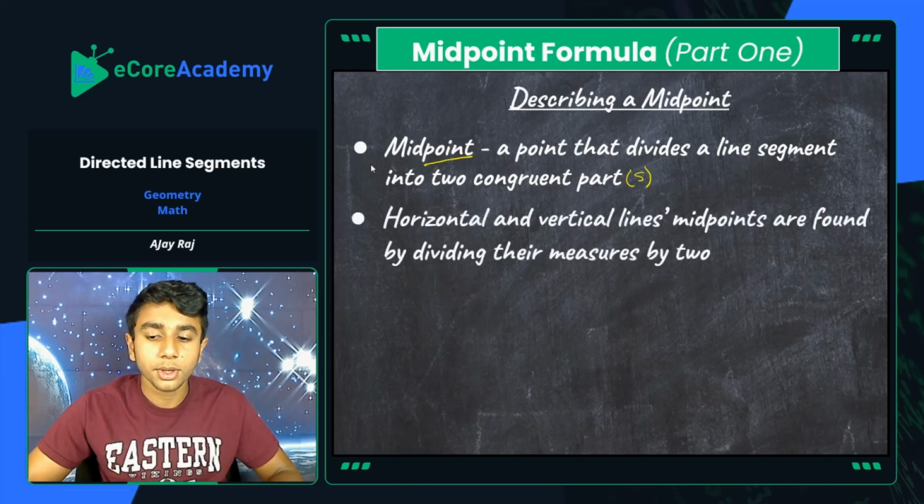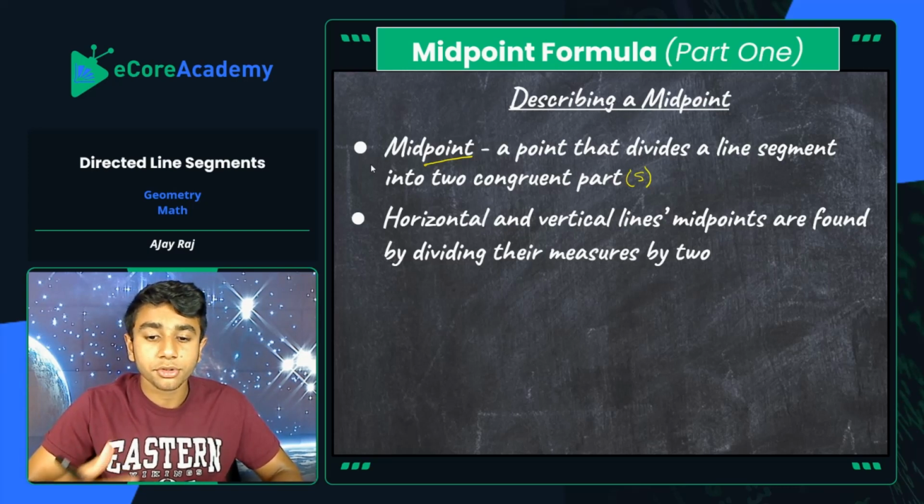And for horizontal and vertical lines, midpoints are found by dividing their measures by 2. If you're given a horizontal or vertical line on a coordinate plane, a horizontal line is a function, but a vertical line is not. But we'll get into that later. You should already know that from previous algebra lessons.